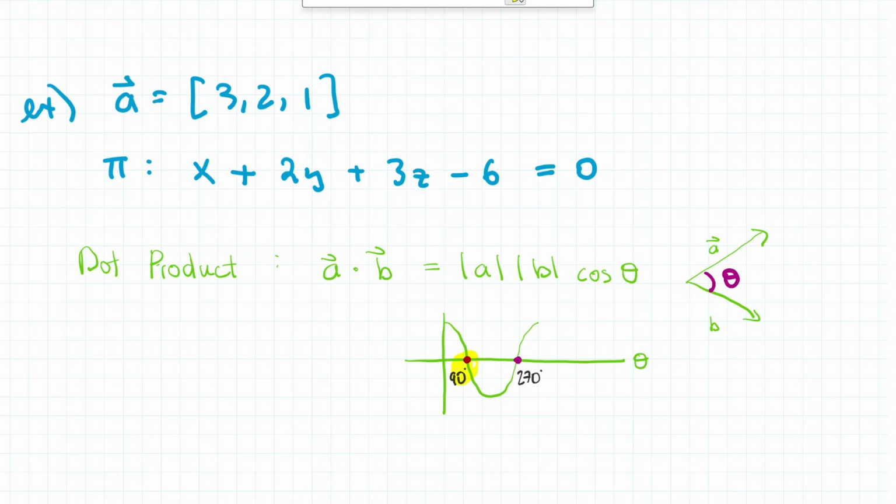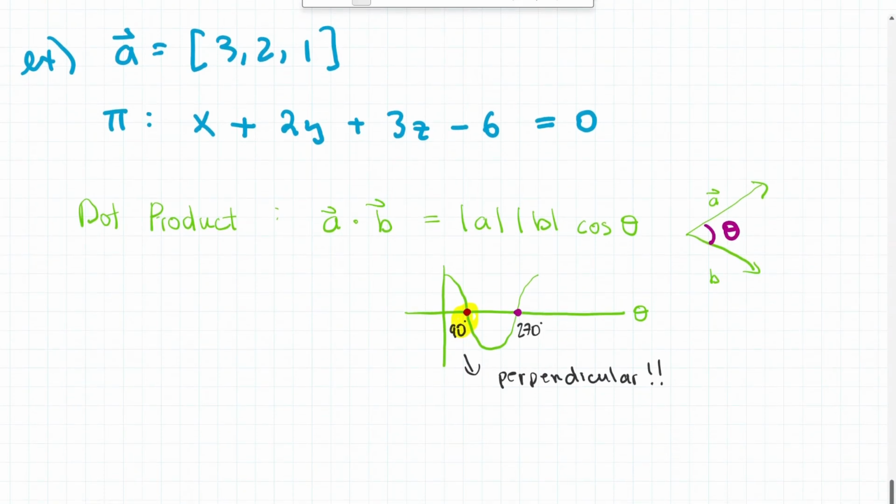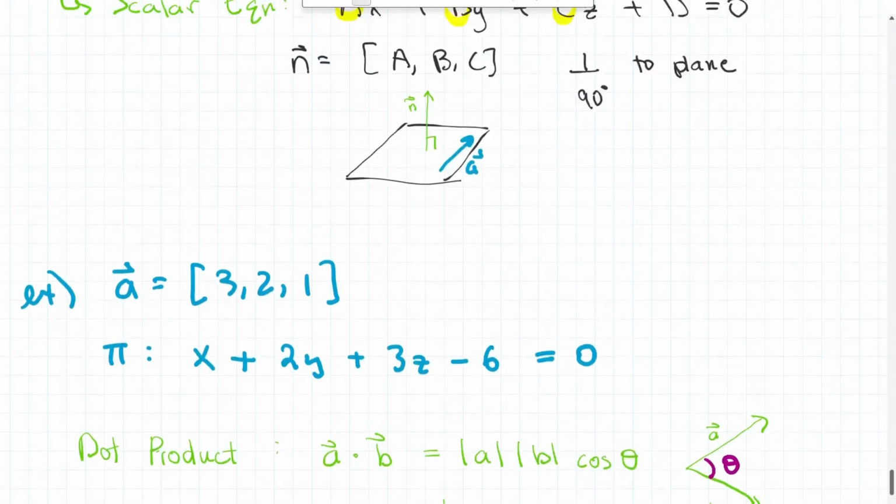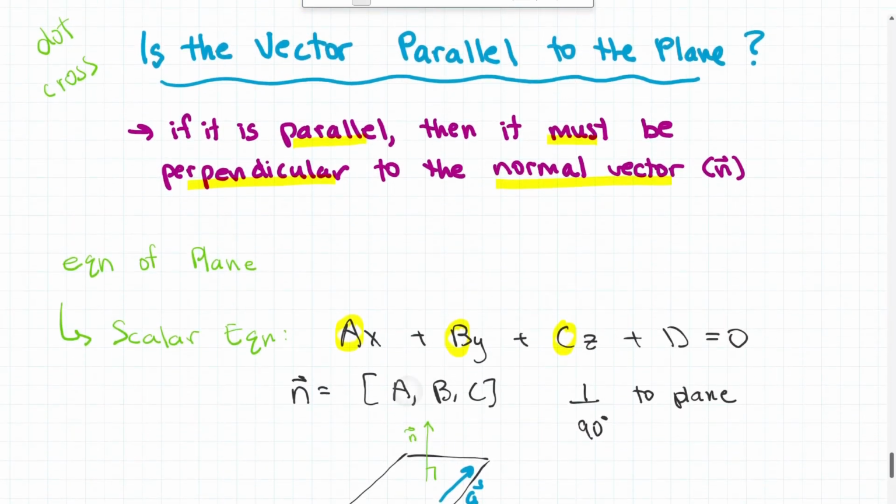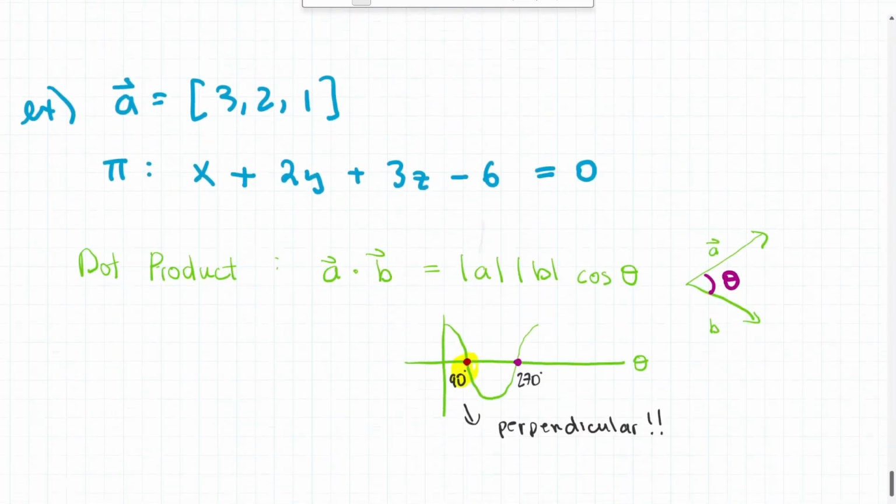So we can see that at cos 90, our dot product is equal to 0. And when it's 90 degrees, that is the same as being perpendicular. So if two vectors are 90 degrees from each other, that means that they are perpendicular to each other. So that is great, we can definitely use that. So like we said, if it's parallel, then it must be perpendicular to the normal vector.